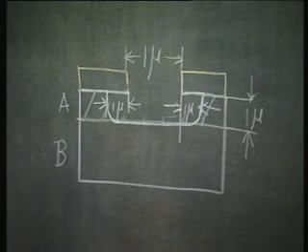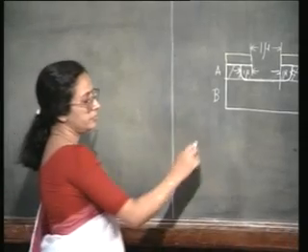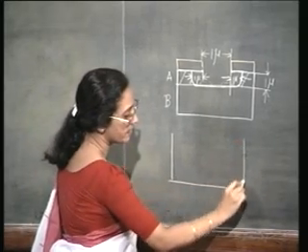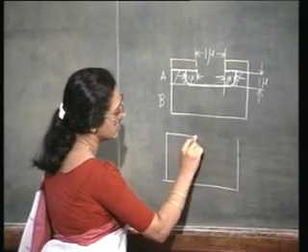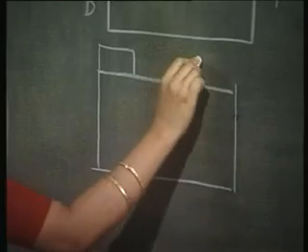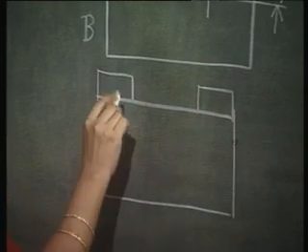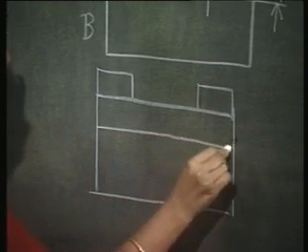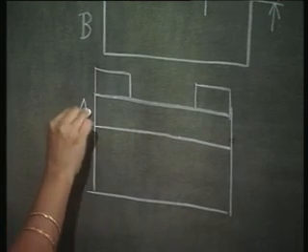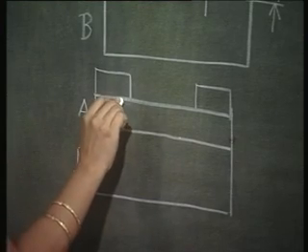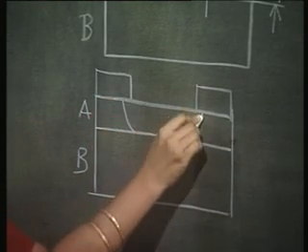So, what will happen? If I keep it for a longer duration than is necessary, what I will have is something like this. Let us say this is my material A, this is my material B, then what I will have will be like this.